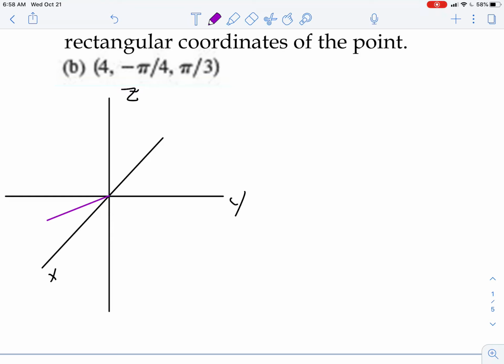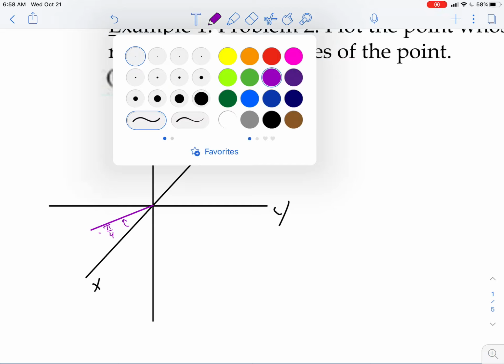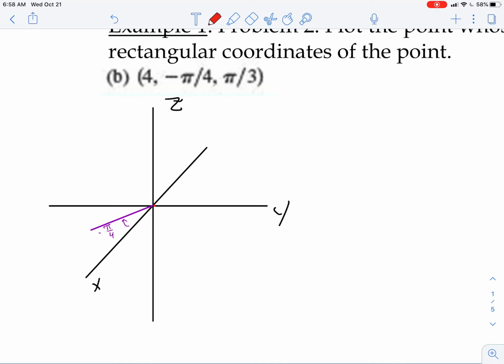This right here, let me curve that. It's just negative pi over 4. And again, if you just want to convert negative pi over 4 to its coterminal angle of 3 pi over 4, that's fine. They're going to be in the same position.